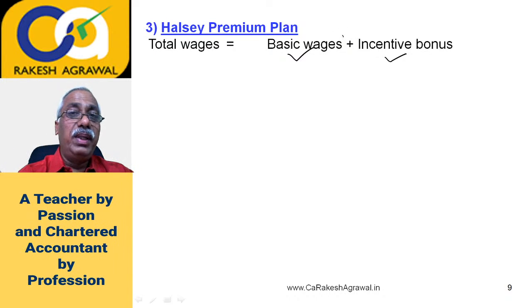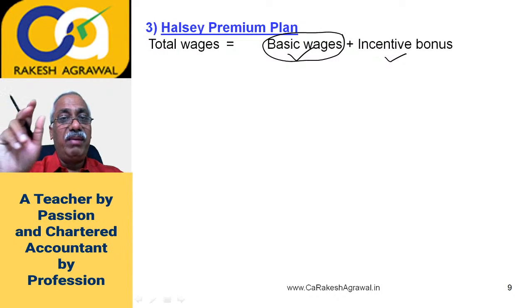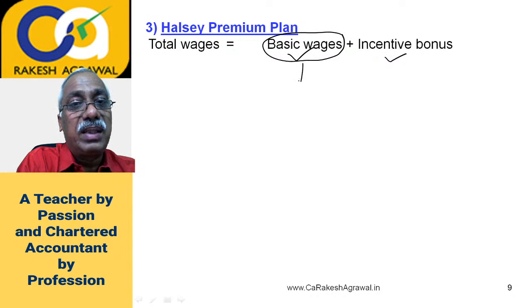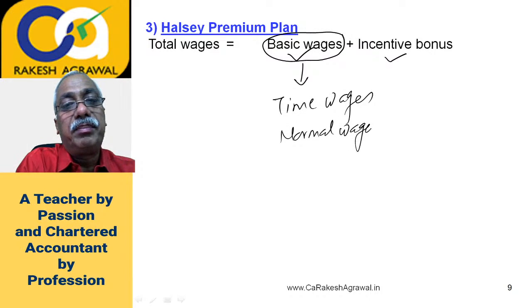Now these basic wages are nothing but the time wages. We had just now seen the wages payable on the basis of the time rate system. That time rate wages are also known as basic wages, also known as normal wages. All mean one and the same.